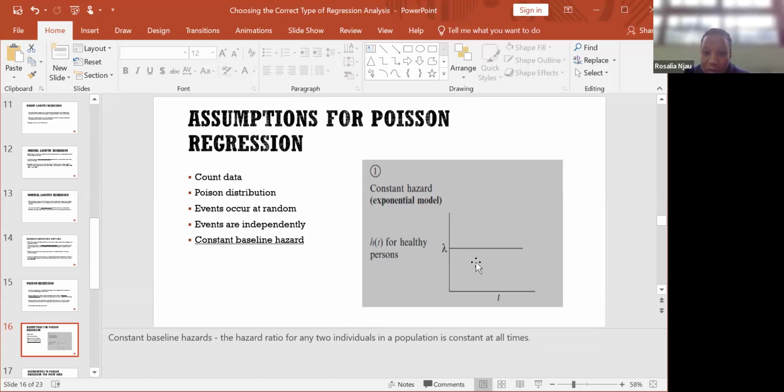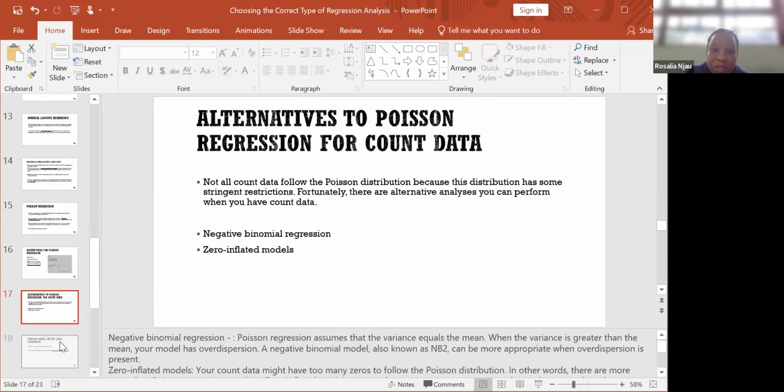We can see from the graph here that the hazard for the outcome is the same throughout the follow-up time, but this is for the baseline, meaning without considering the effect of the exposure. So without considering the effect of the exposure, the hazard rates are constant over time. That is the assumption for Poisson.